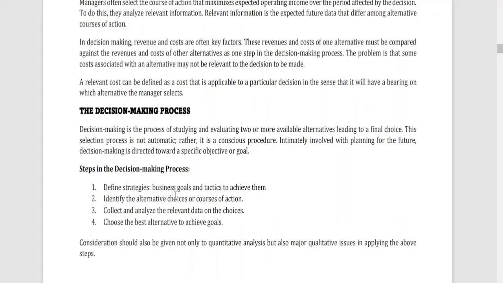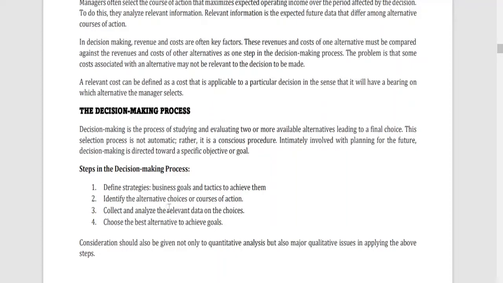Define the strategies, what are the business goals, and what are the tactics to achieve them. Okay, so you have to identify what are your main or the broader goals, the broader picture. What do you want to achieve? Then you have to identify the alternative choices or courses of action. What can you do to achieve those goals?